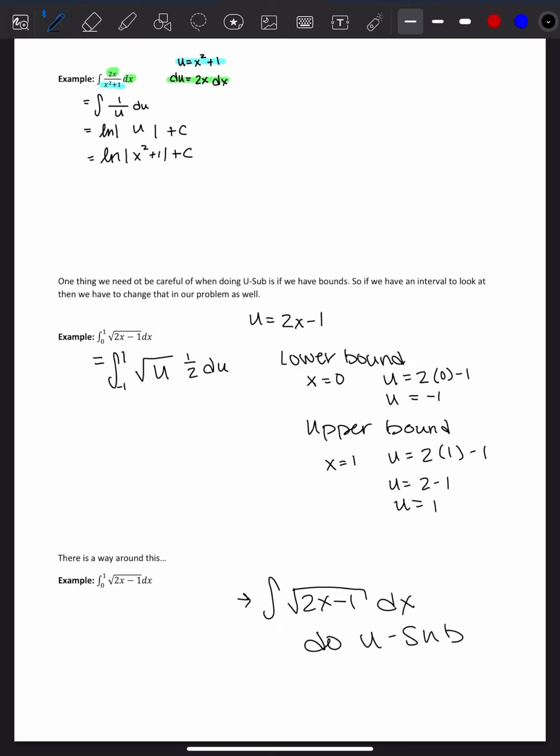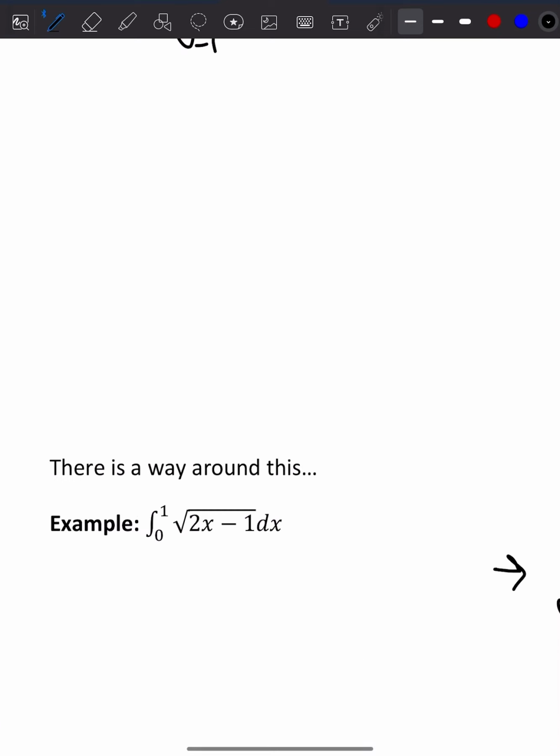We got 1/3 times 2x minus 1 to the 3/2 plus c as our final answer, and then use that to do our bounds. So then I can go over here and say, hey, well, this equals 1/3 times 2x minus 1 to the 3/2 plus c, evaluated between 0 and 1.